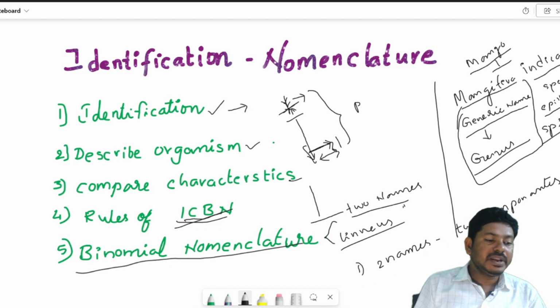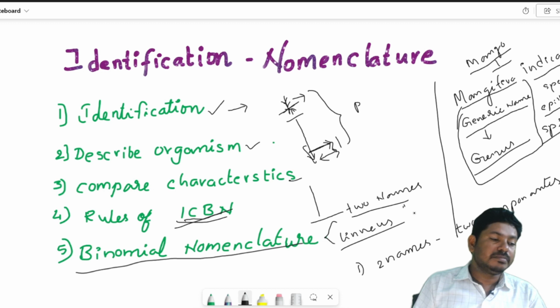In binomial nomenclature, the first one is called the generic name and the second one is called the specific epithet. The generic name is the genus, and the specific epithet is the species.